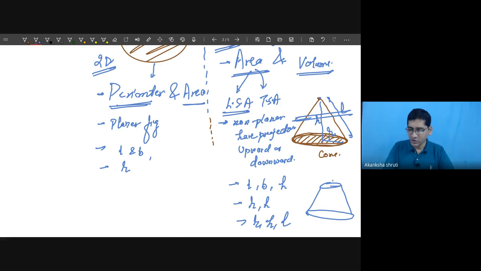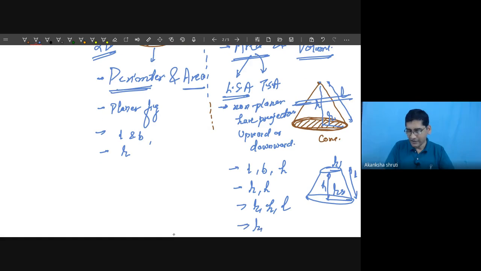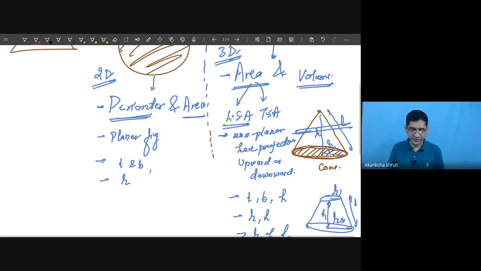So here we have the two radii, r1, r2, and this is the height h, and this is called the slant length l. So it can have r1, r2, the height h and the length l. This structure is called a frustum. So these are the things that we want to learn in this chapter.